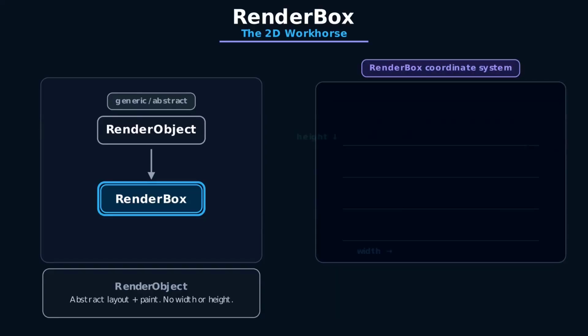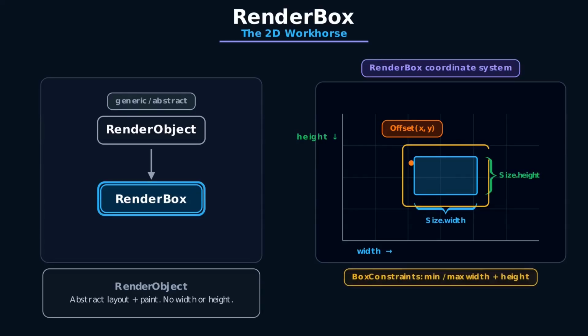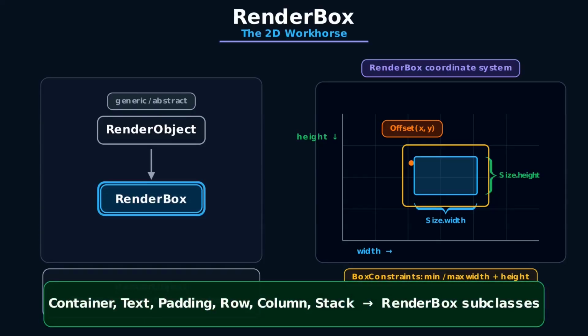With RenderBox, positions are expressed as offset x, y. Sizes are expressed as size width, height. Constraints become box constraints with min, max width, and height. Almost every widget you use, container, text, padding, row, column, stack, is backed by a RenderBox subclass.